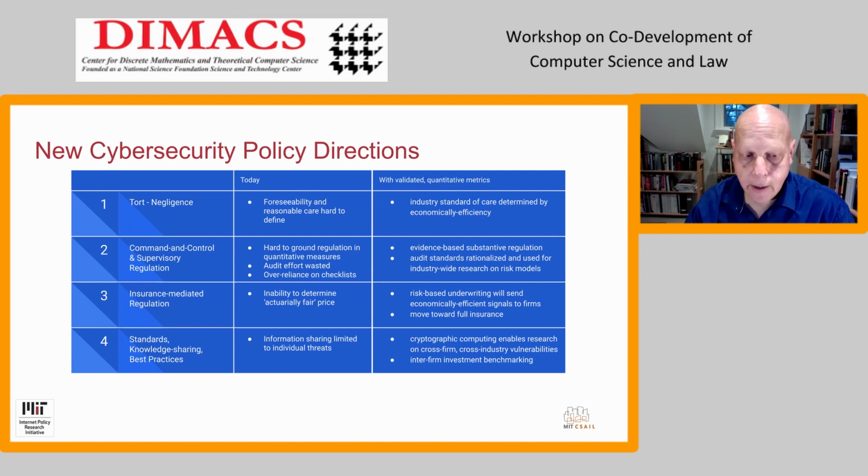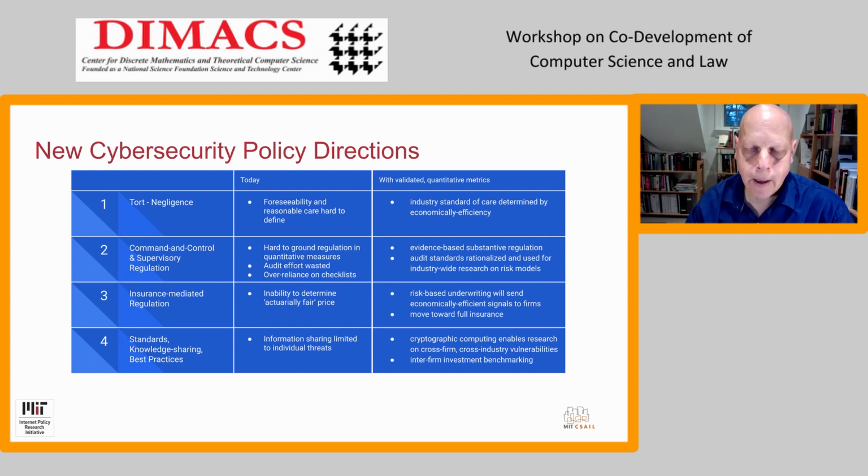I think the role of insurance in cybersecurity risk management is quite important. Cyber insurance has been touted as a major tool in the cybersecurity regulatory toolbox, but the reality is, we think when you look at it, it seems relatively ineffective at this point.